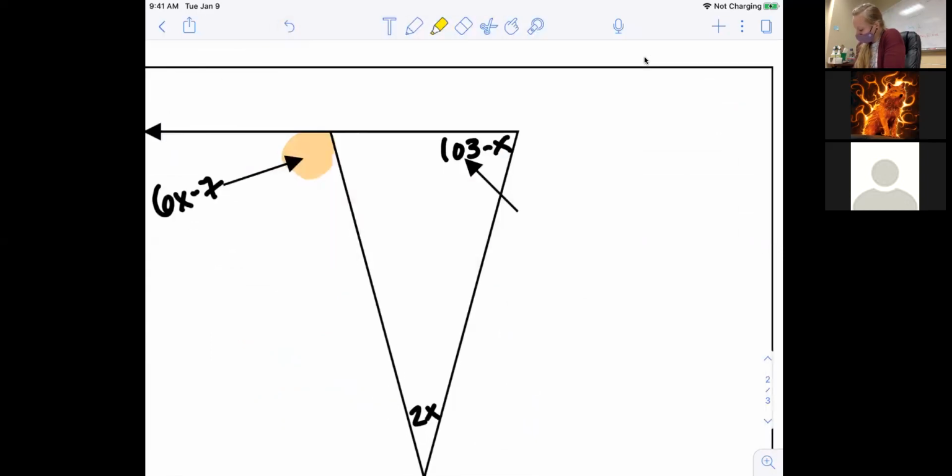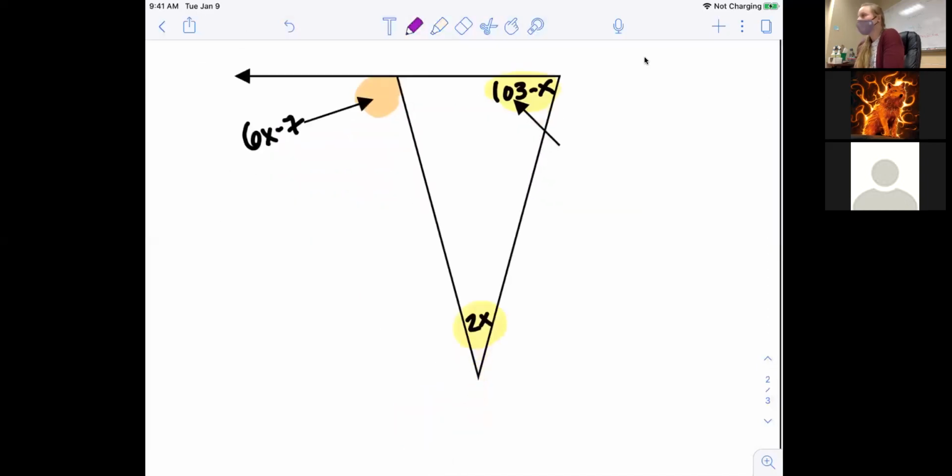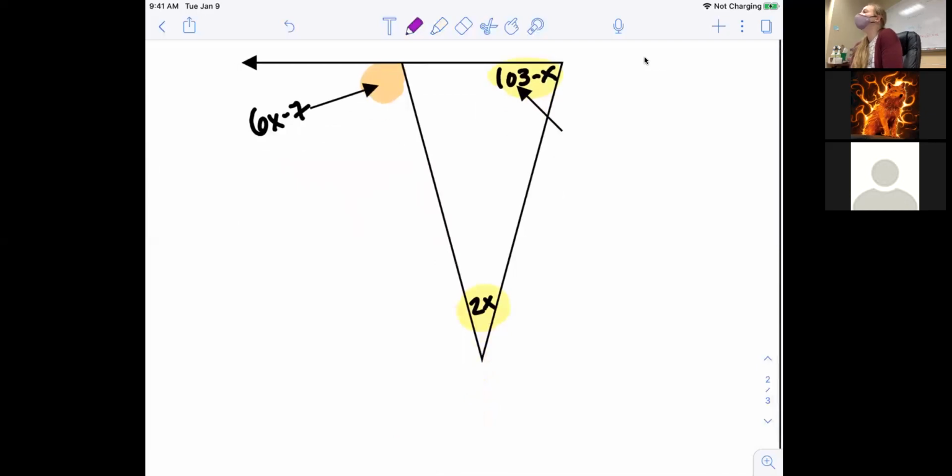Again, I've got an exterior and I have two remote interiors. Can someone write my equation for me? Which two add to be the third one? We got 1, 2 people now, 3, 4, 5.